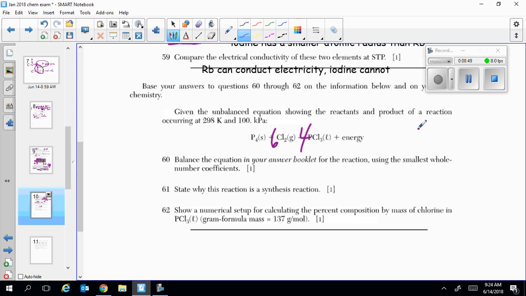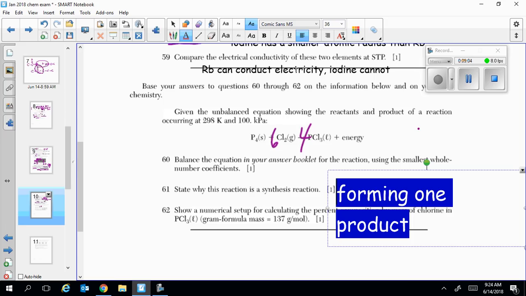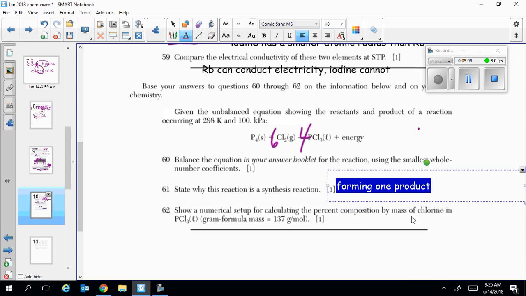So there's my balanced reaction. State why this is a synthesis reaction. This is synthesis because it is forming one product. When you do synthesis, you combine things to form one, so I have formed one product.